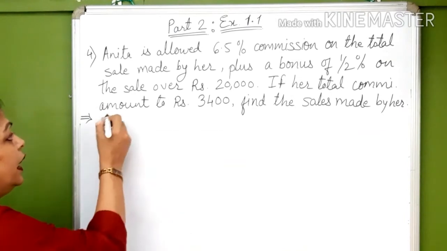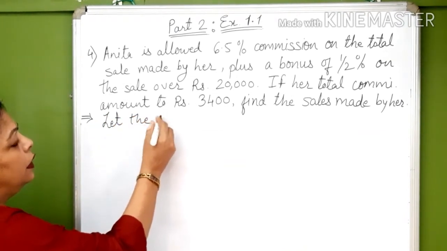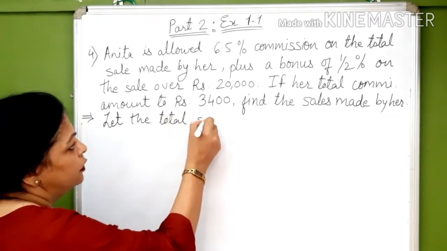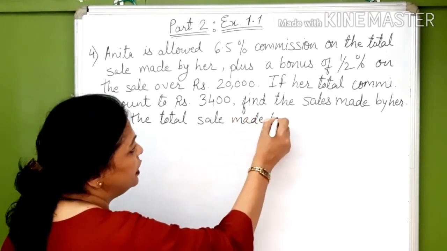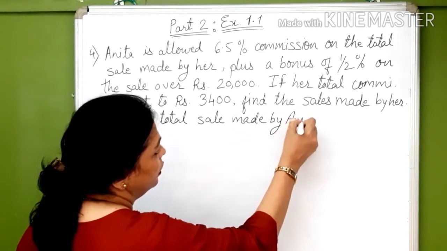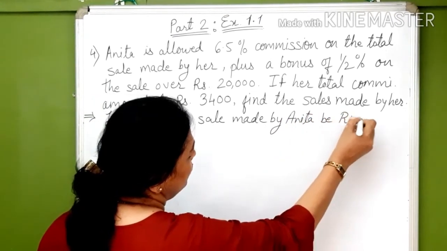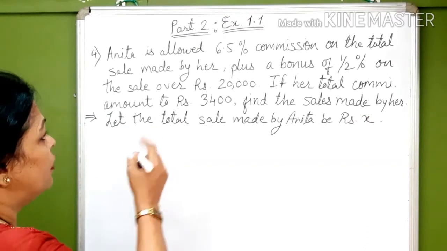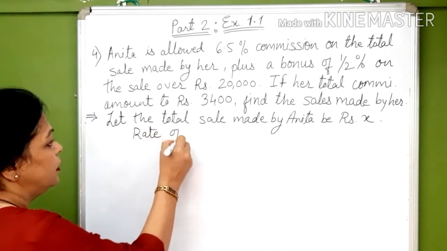So we'll say that let the total sale made by Anita be rupees X. Now, what is the rate of commission? 6.5%.